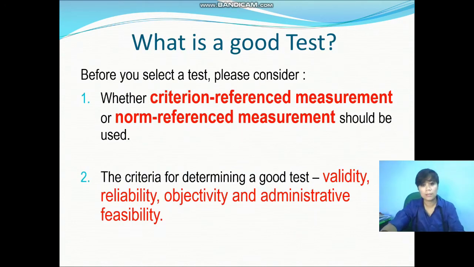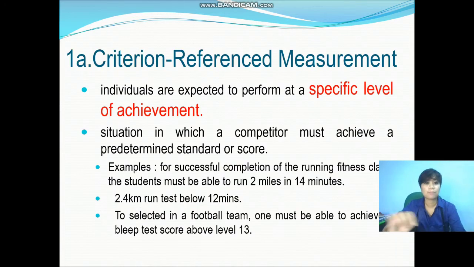What do the terms indicate? The first one, criterion reference measurement. By this, individuals or the testees are expected to perform at a specific level of achievement. So it is a situation in which a competitor must achieve a predetermined standard or score.